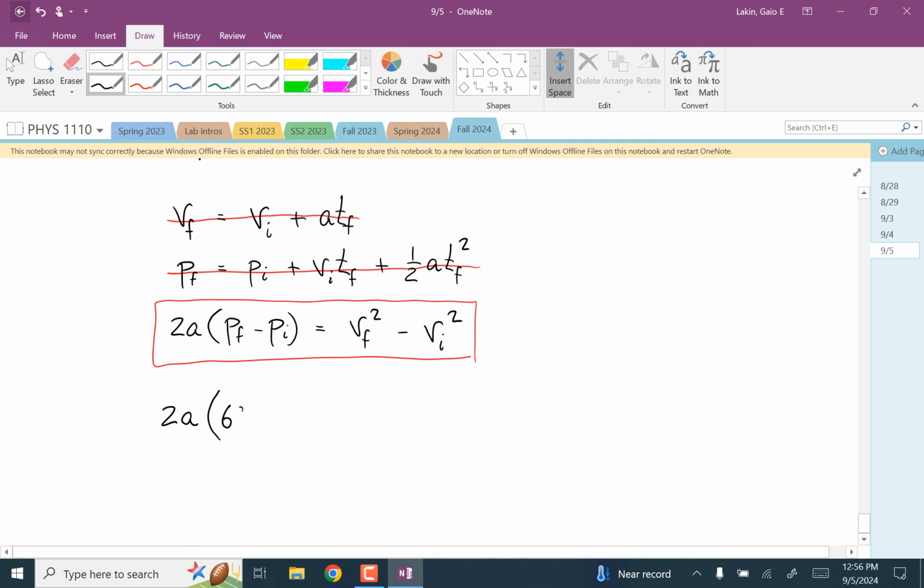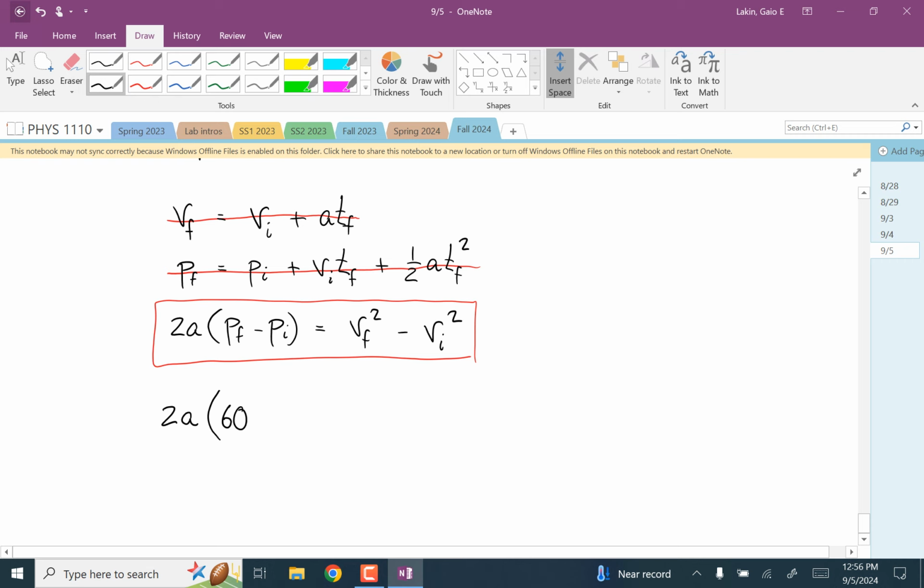PF is 60 meters. I'm just going to tell you, I'm not going to make you do this, but if you were really careful and kept all the units in this and multiplied out units and canceled them when they canceled and everything, the answer that you get from this equation would give you the correct units for what you're trying to calculate. It is nice to know that that's possible, but it makes it a lot more complicated.